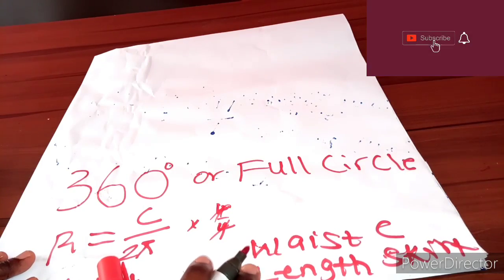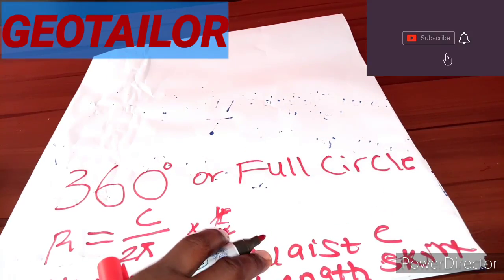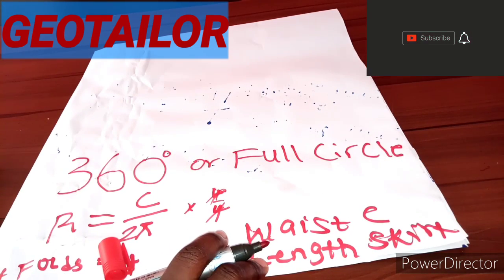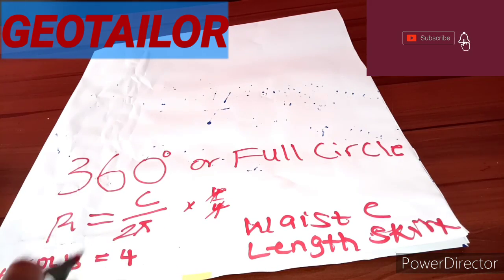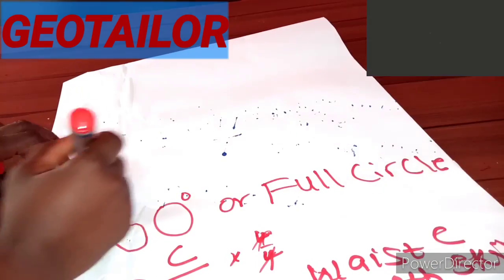To cut a full circle skirt or a 360-degree circle skirt, we need the following measurement. We need our waist circumference and our length of skirt. So I will be working with a waist circumference of 20 inches.